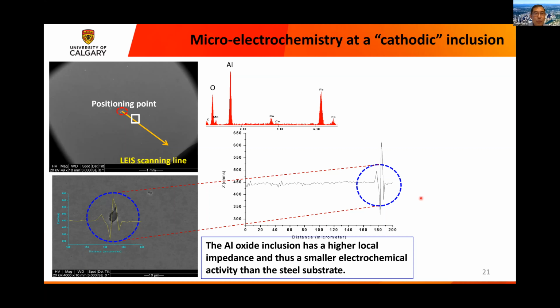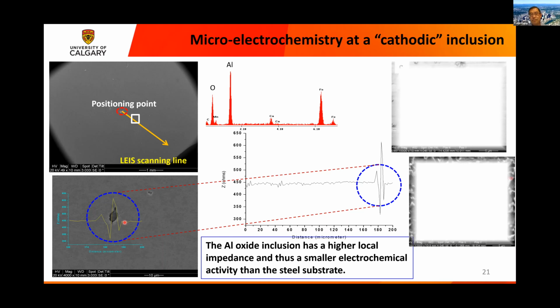For example, in this slide, a micron-scaled aluminum oxide inclusion is included in the steel. When we use localized electrochemical impedance measurements, when the microprobe passes the inclusion, we can measure the fluctuation of the impedance signal. So that tells us at this inclusion, the electrochemical impedance will give you different signals that characterize different electrochemical activities.